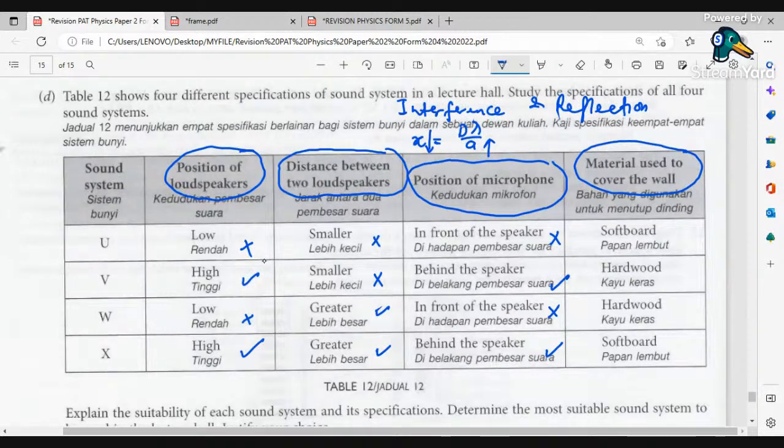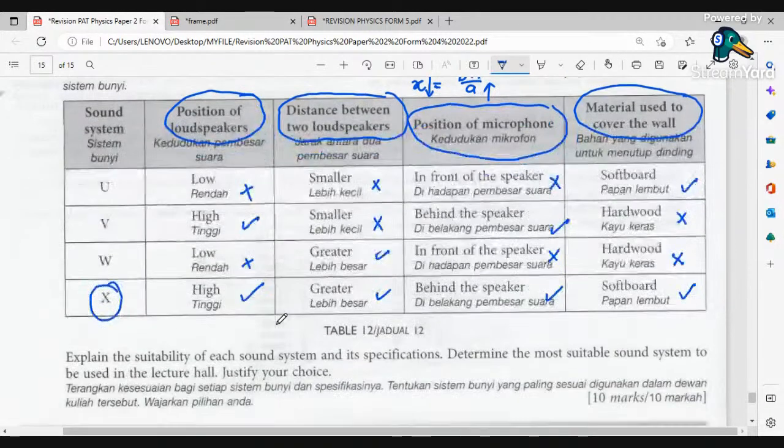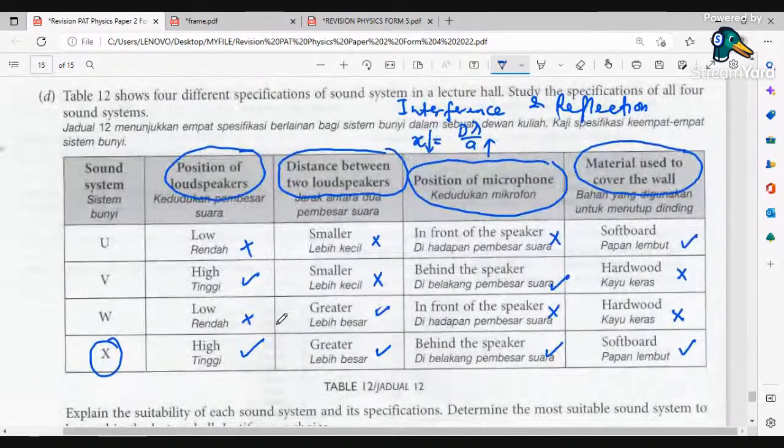Material to cover the wall should be soft, because we want to reduce reflection. So remove hard, use soft. So from here you can see X gives all the characteristics required. So we just explain X only, using table form.